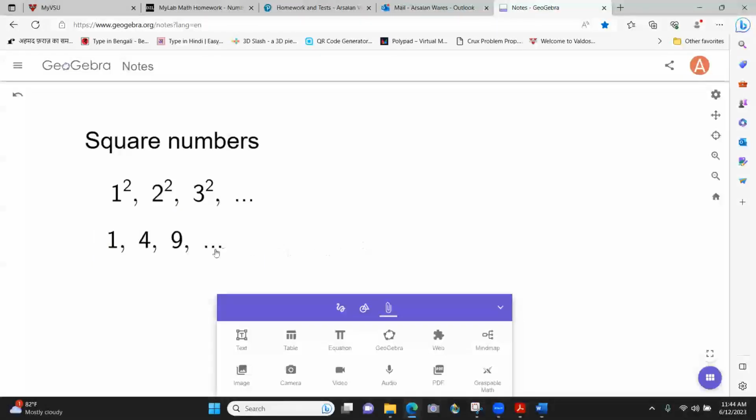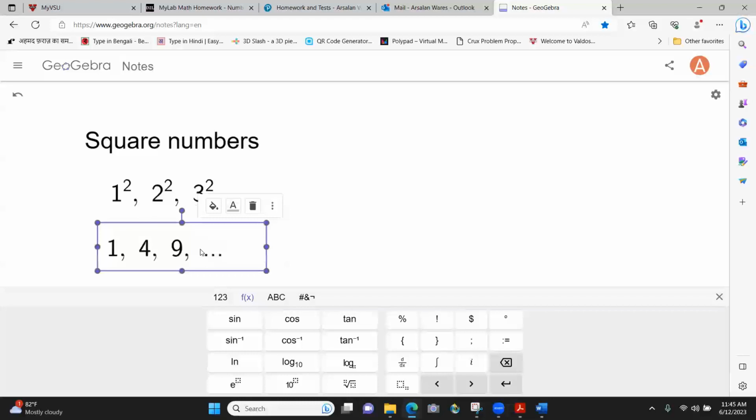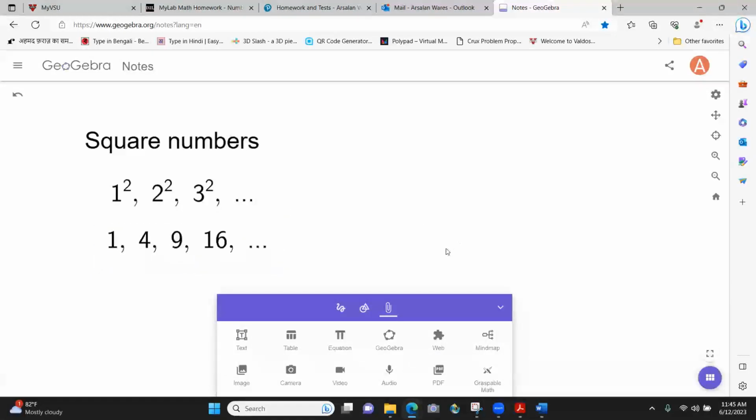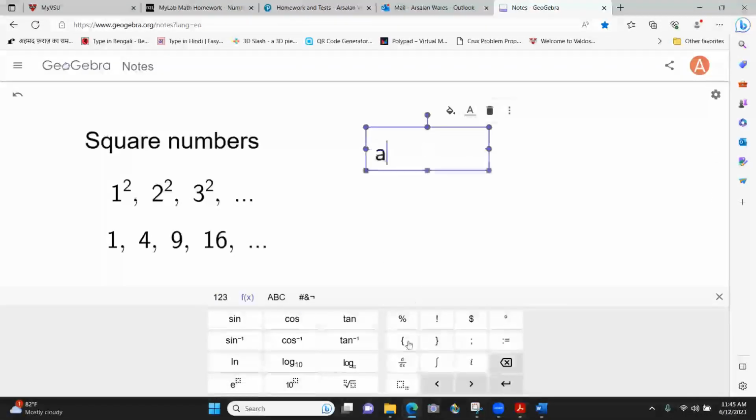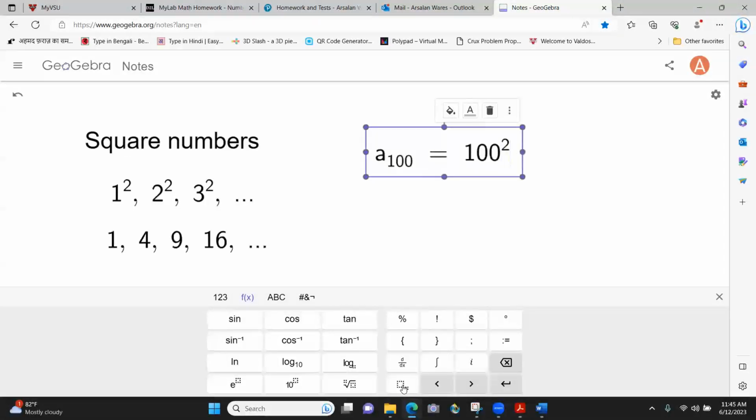So if they want you to find the next term, you would say, well, that's easy, 4 squared, which is 16. And if they want you to find the 100th square number, easy. We still write it like this: 100 squared. Done.